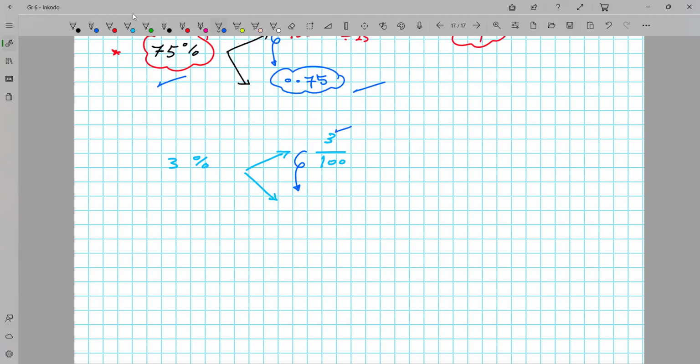The 3 takes the place of the first 0 from the right. So put 3. And what about the second 0? There is no number up. So just drop the 0. And the 1, it will be placed dot and 0. So 0.03.